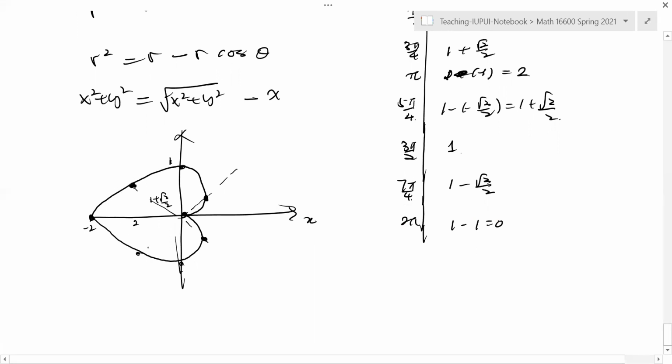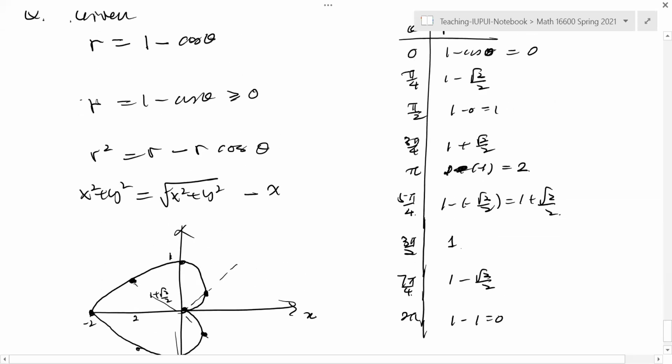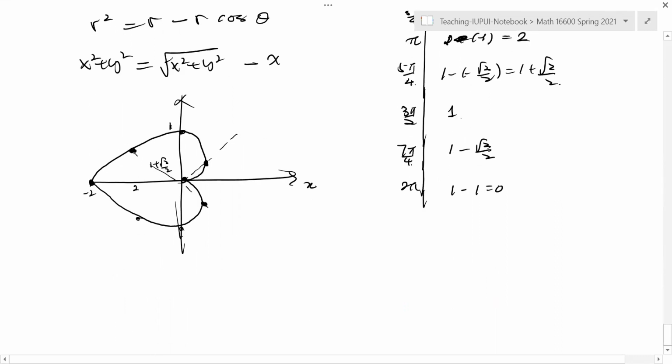Otherwise, you just do it like I did: choose enough values for theta, then calculate the corresponding values of r. Then you get theta, r, theta, r. So you plot those points in the XY plane, and you connect those points, and you get a graph.